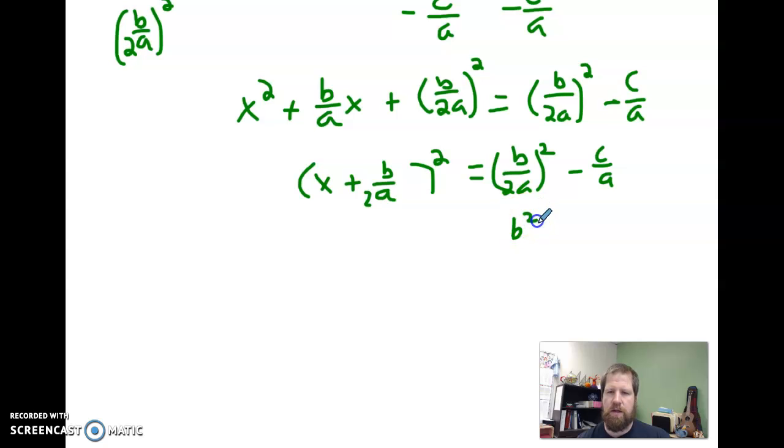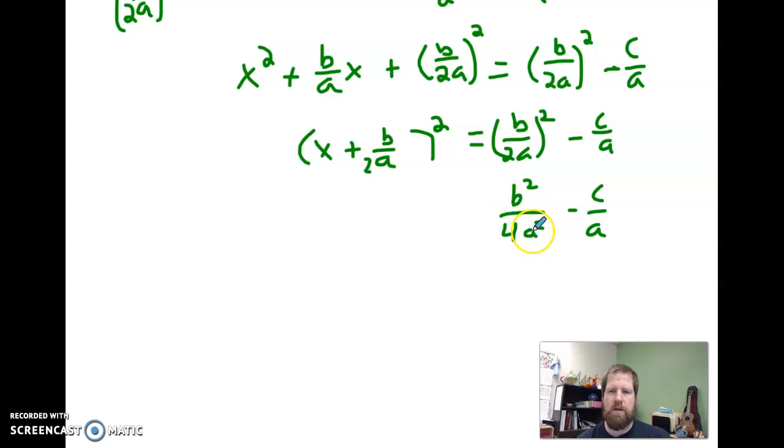Okay, so b squared over 2a squared is going to be 4a squared, right, minus c over a. Okay, so it doesn't look simplified, but I don't have the parentheses there, so I don't have that to worry about. But now, when I've got fractions, I want to try and combine these, which means I'm trying to get a common denominator. All right, the common denominator is going to be 4a squared.